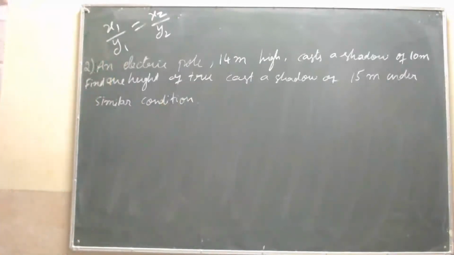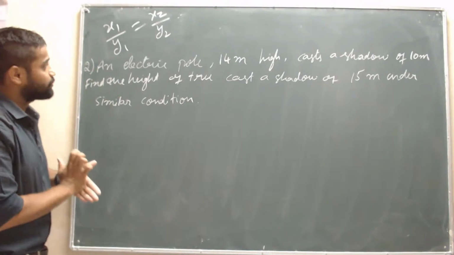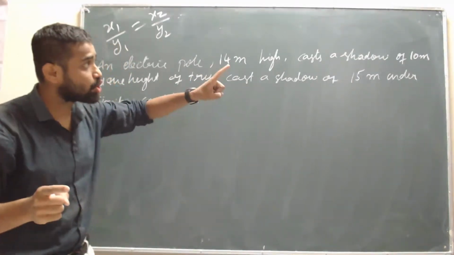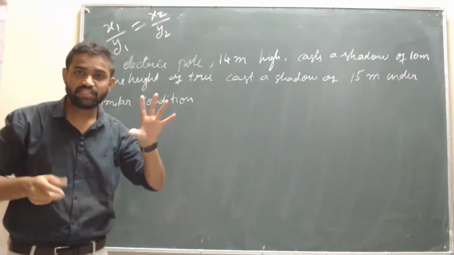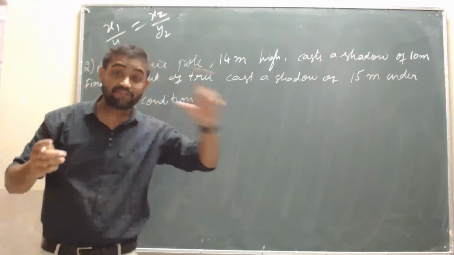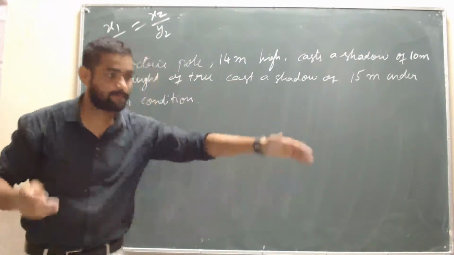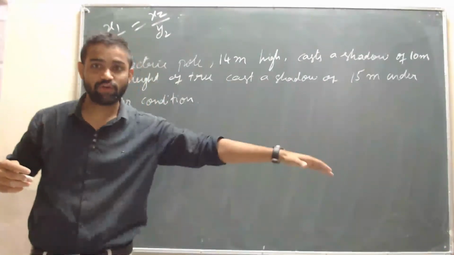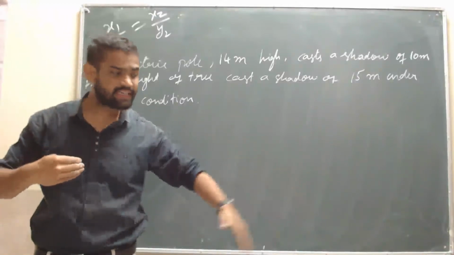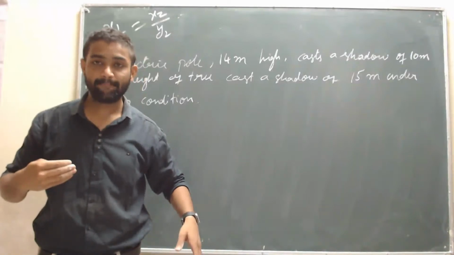See here, students, concentrate on the question. An electric pole of 14 meter high casts a shadow of 10 meter. The length of this pole is 14 meter, and it gives us a 10 meter shadow.